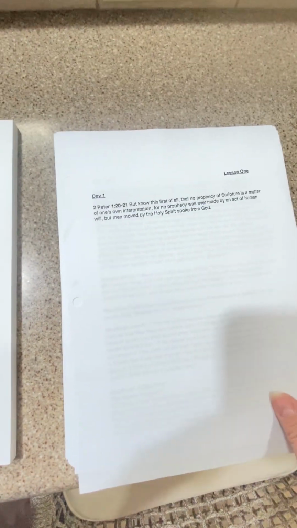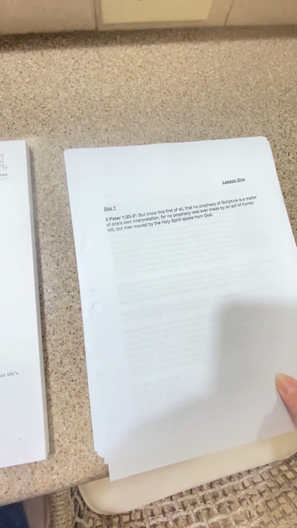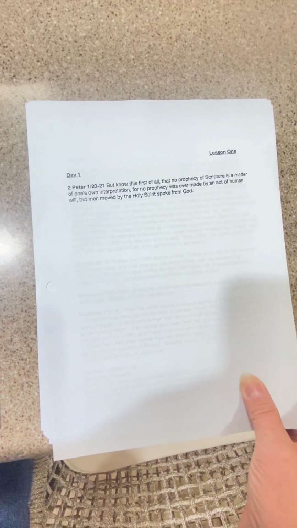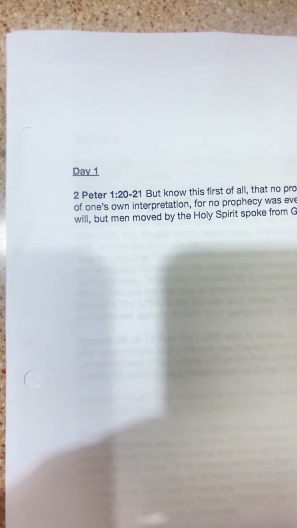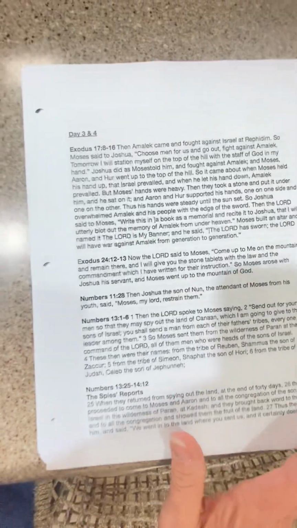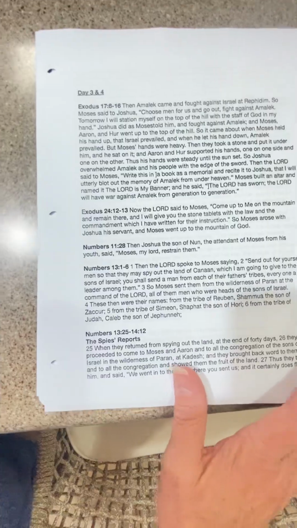Behind lesson 1, in your packet, you're going to have a set of extra scriptures. I printed these scriptures off to make it easier for us when we meet together as a group. So in lesson 1, day 1, this is one of the scriptures that a question will be asked about or will refer to. There obviously is nothing for day 2. Then day 3 and 4 is there.